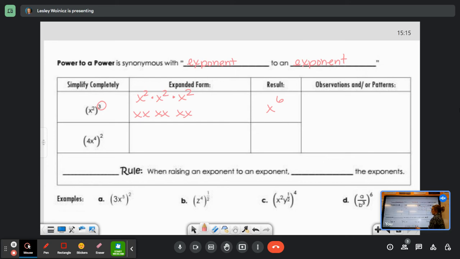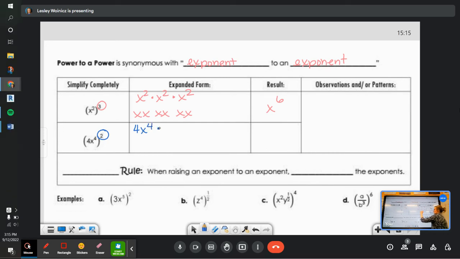Okay, look at the second one. It's telling me to write 4x to the 4th twice. So I have to write 4x to the 4th times itself, 4x to the 4th. Now I'm doing 4 times 4. And each of those x to the 4th, I have to write x 4 times for each of those.